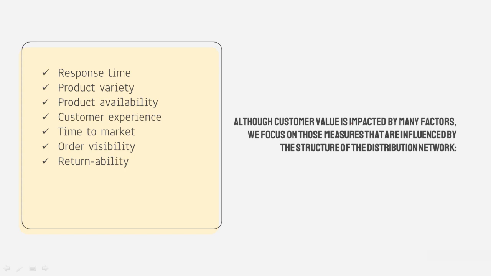So ano-ano ba yung mga nakakaapekto sa pagdi-distribute natin ng product? First is yung response time. Okay, so gaano ba katagal para ma-receive ni customer yung order niya? So product variety. So marami ka pang ino-offer na mga products. Okay, meron bang choices yung mga customers kapag chinek nila yung product online?